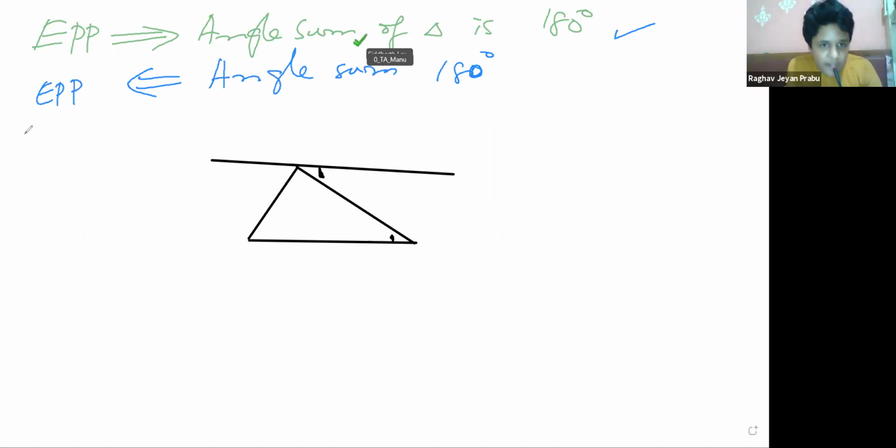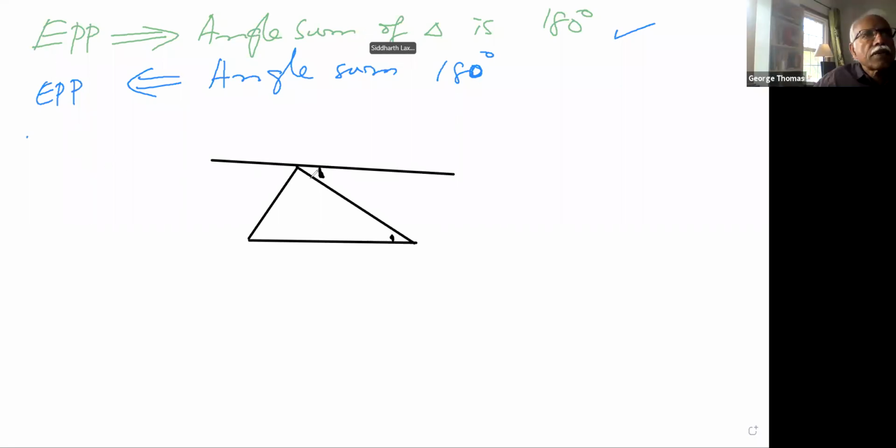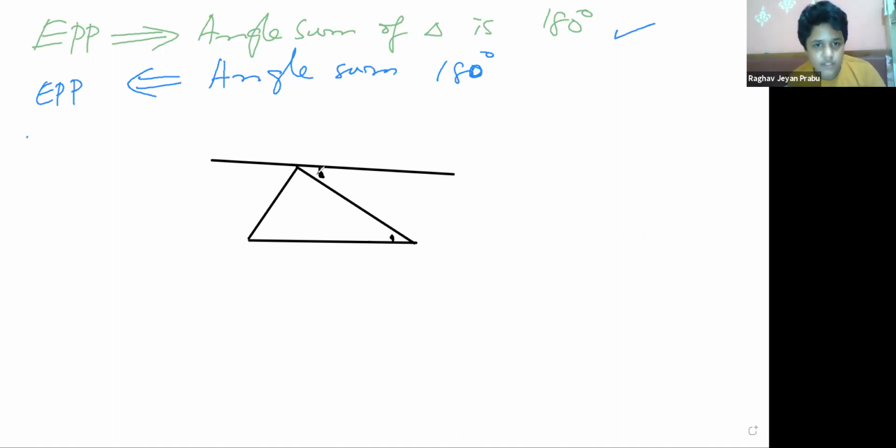So, sir, by AIAT, these lines are parallel. That is the converse, isn't it? No, sir, I'm saying that when these both angles are equal, then the lines are parallel.